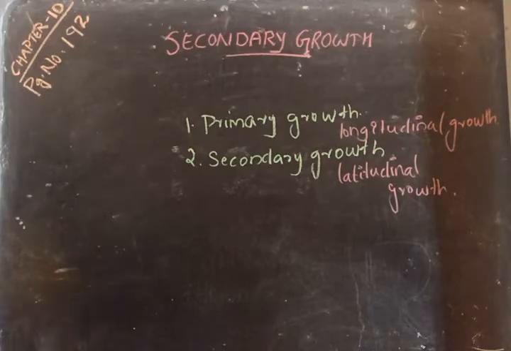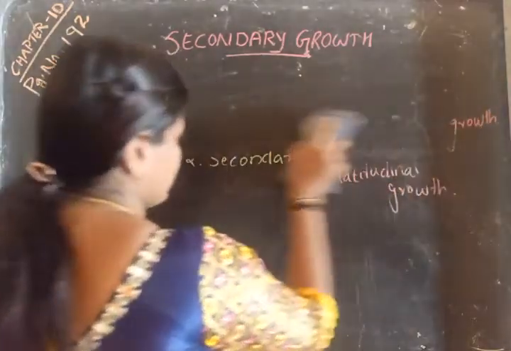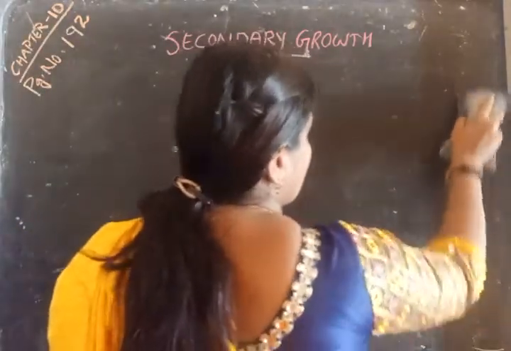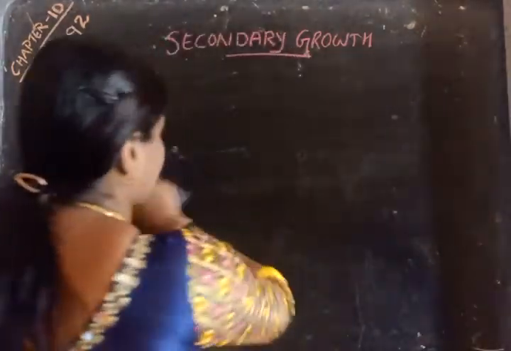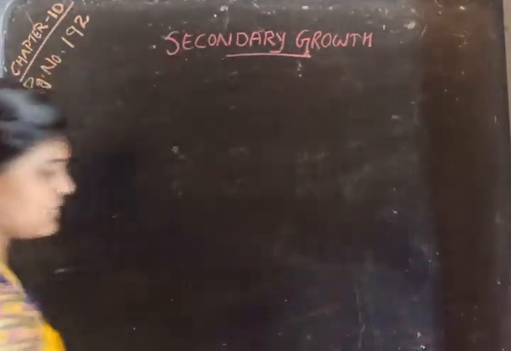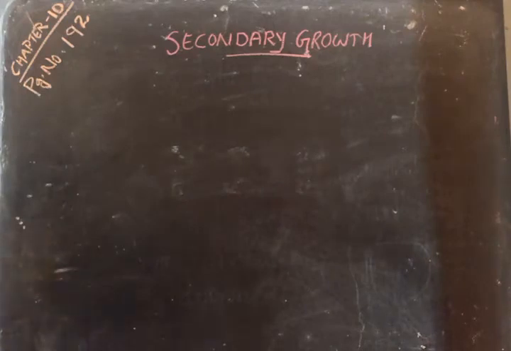Now, we can go into detail on secondary growth. In our previous chapter, we studied in detail the primary growth of both monocot and dicot, stem and root. Now we are going to discuss the secondary growth in dicots as well as gymnosperms. Usually, secondary growth in dicots and gymnosperms is brought about by two lateral meristems.